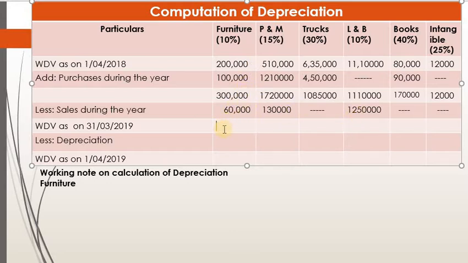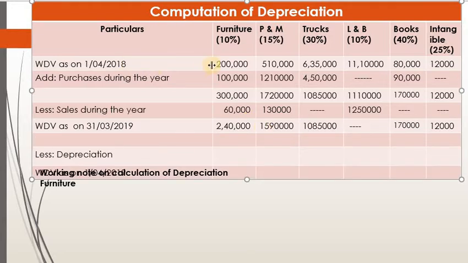So we will get the written down value on which depreciation is to be calculated. After deducting the sales, the value of furniture as on 31st March 2019 is 2,40,000, plant and machinery 15,90,000, then trucks 10,85,000, there is no sale here.